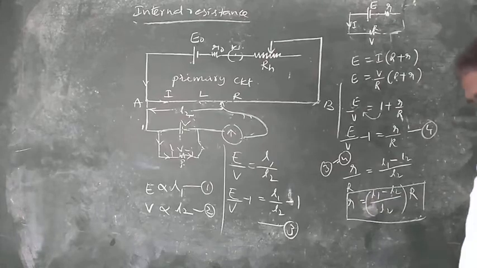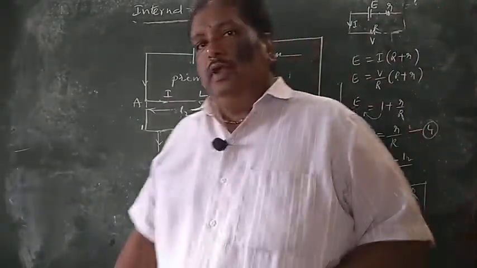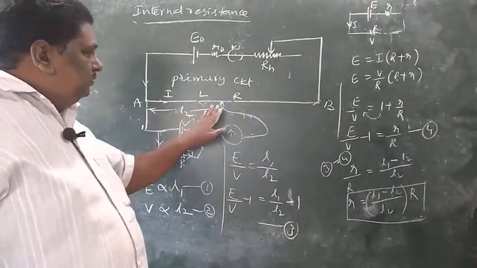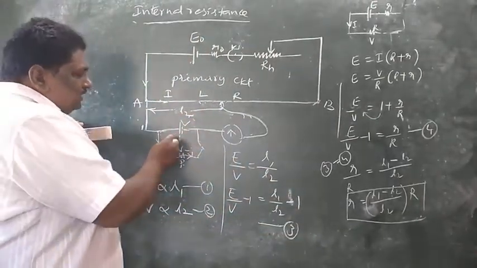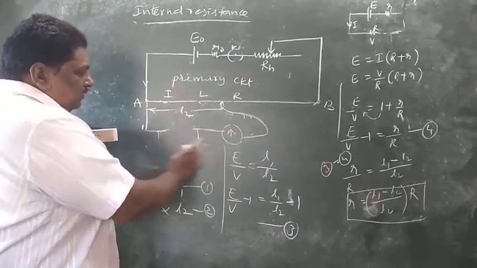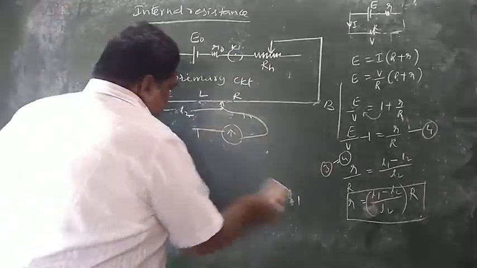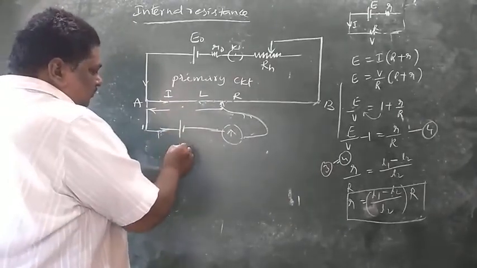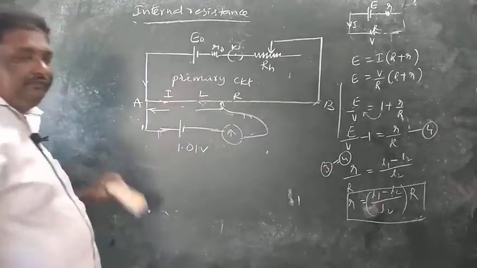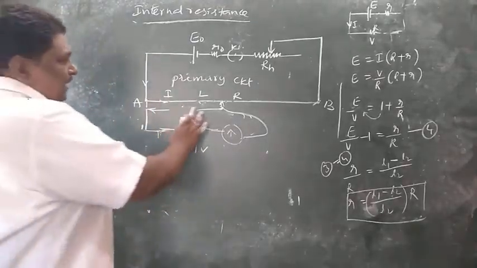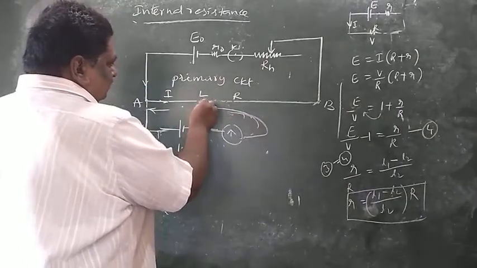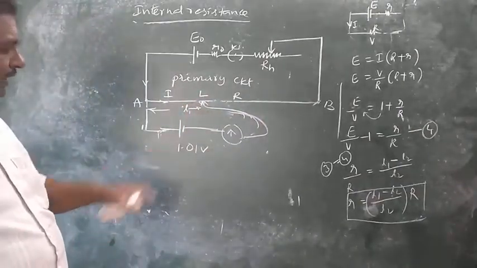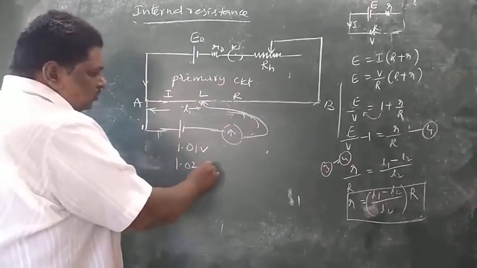Okay. Some questions they will ask in potentiometer. What is the sensitivity? Sensitivity means you apply some voltage, suppose 1.01 volt. Suppose the balance length is L1 like this. Now you apply 1.02 volts.